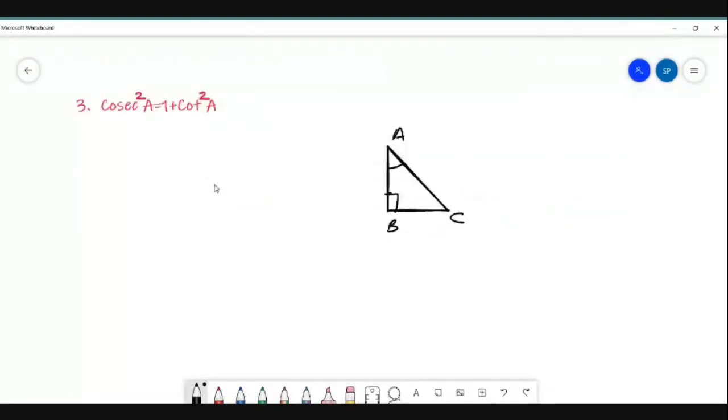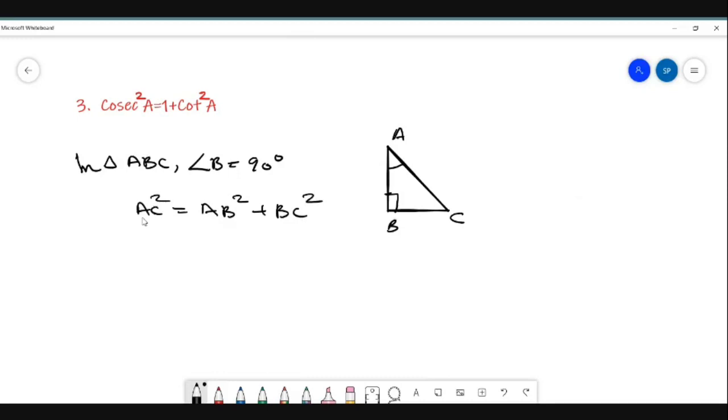Now we have the third identity, that is cosec square A equal to 1 plus cot square A. Again, we take the same theorem, that is in triangle ABC, consider that same triangle. So in triangle ABC, we have angle B equal to 90 degree. We have Pythagoras theorem, AC square equal to AB square plus BC square.